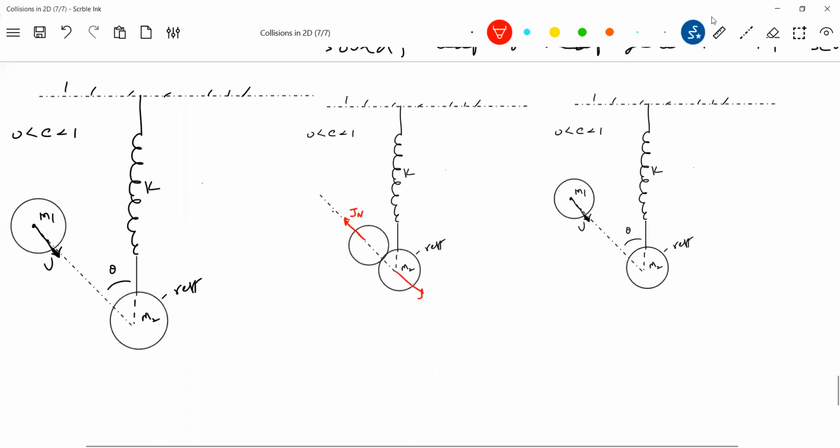So there will be a normal impulse due to normal contact. Initially, the spring force acting, k x naught, should balance m2 g, because of equilibrium. Now, can this normal impulse do anything to the spring?